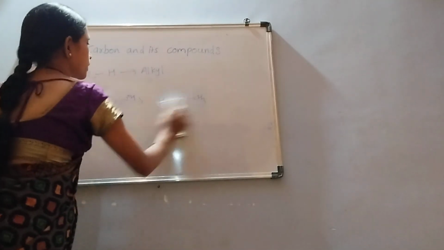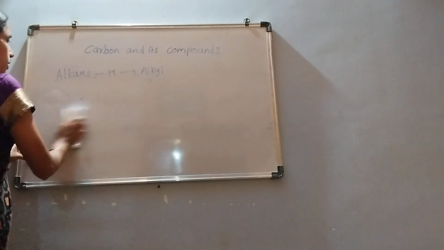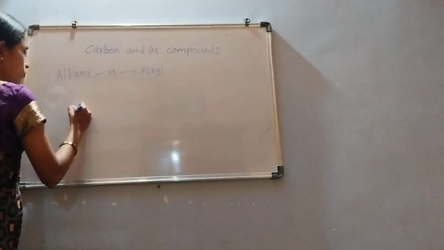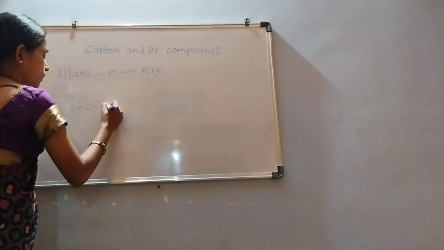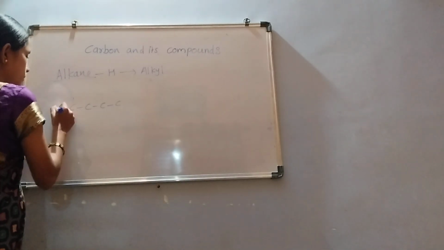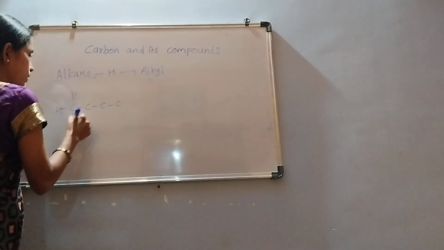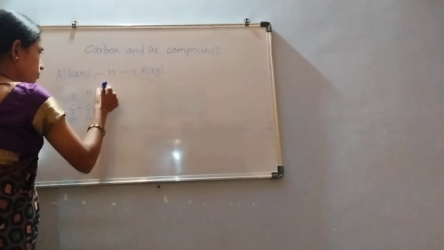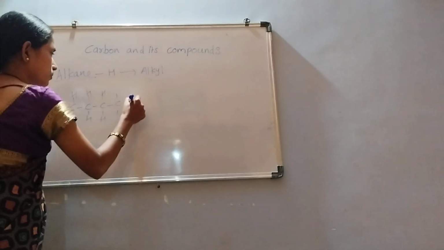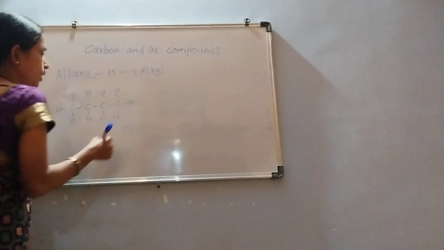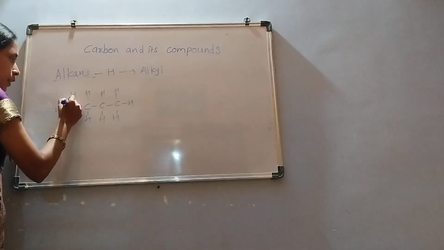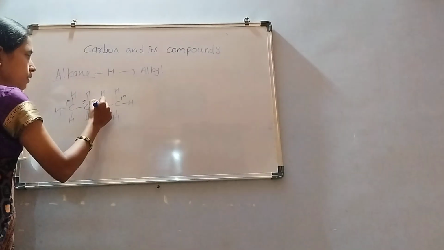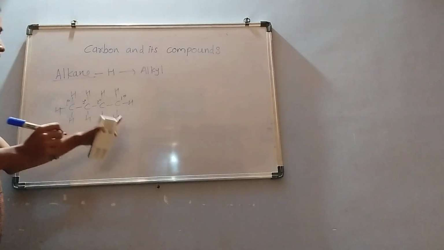Okay, next we'll discuss butane. In that we will clear our doubts. In butane, 4 carbons will be there along with their valency with the hydrogen. In this case, this is the primary carbon again. This is also primary. This is the secondary. This is the secondary. So this is a butyl actually.